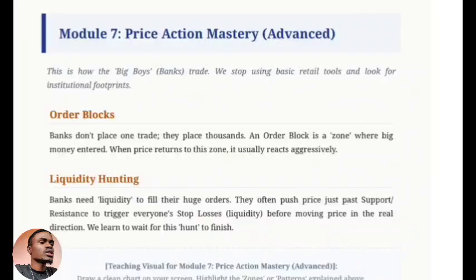So price action mastery, we say this is how the big boys, that's the banks, trade. We'll stop using basic retail tools and look for institutional footprint. Remember in the last video we were talking about using indicators to trade.